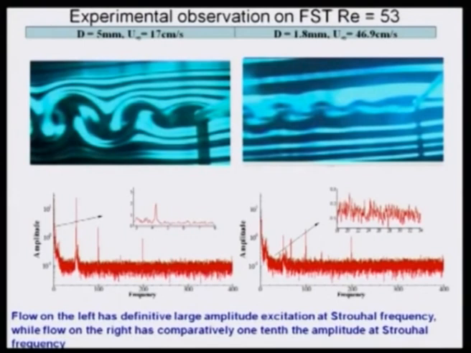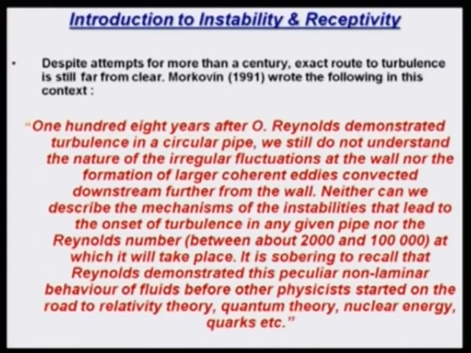So, you can very clearly understand that what you are seeing is a very clear demonstration of the receptivity of flow. In fact, this led Markovin to write the following in 1991, exactly 108 years after Reynolds' famous pipe flow experiments.